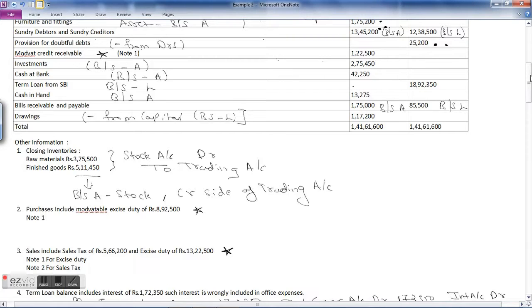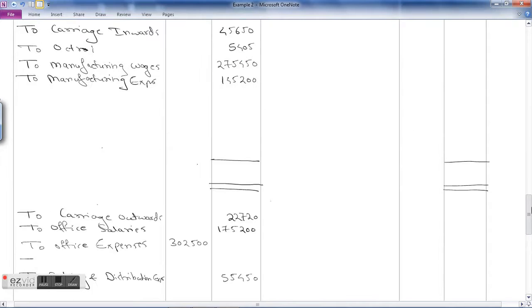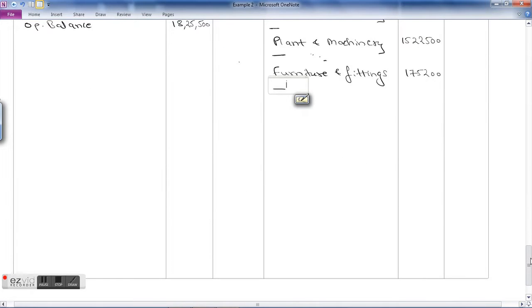So sundry debtors amount is 13,45,200. So I'll put it here. Sundry debtors 13,55,200, and then I'll leave some space for adjustments.